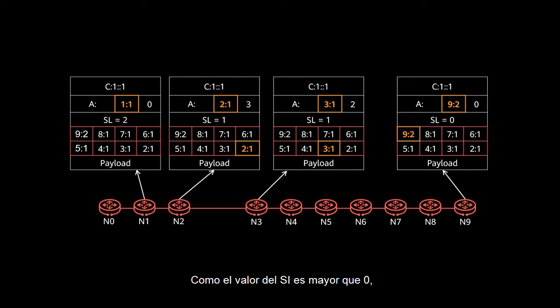Because the SI value is greater than 0 now, N2 decrements the SI value to 2 and locates the next C-SID 3:1, and then it updates the C-SID to the DA and forwards the packet to the next hop, node 3. This processing repeats again and again until the packet is forwarded to node 8.